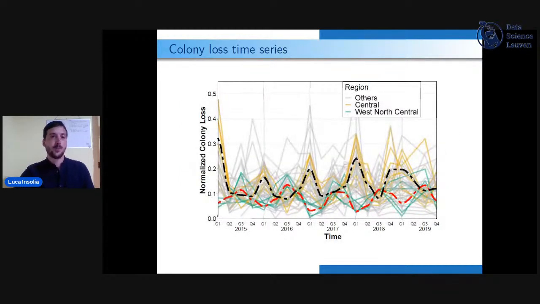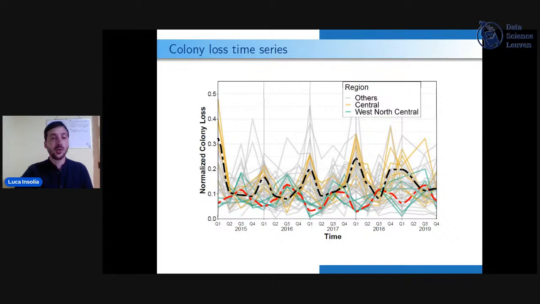And here, instead, we compare colony loss trajectories belonging to states in the central climatic region, which have been smoothed into the dashed black line, against the states belonging to the West North Central region that have been smoothed into the red dashed line. You can see that these regions follow quite an opposite pattern.